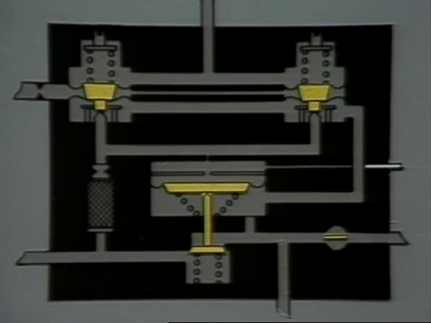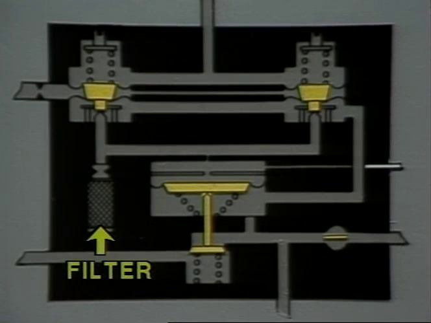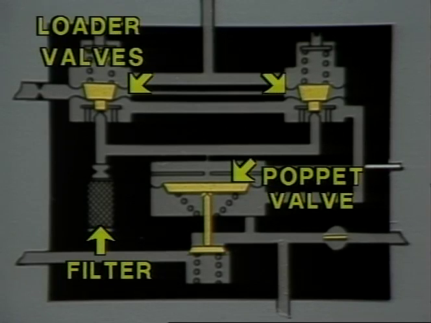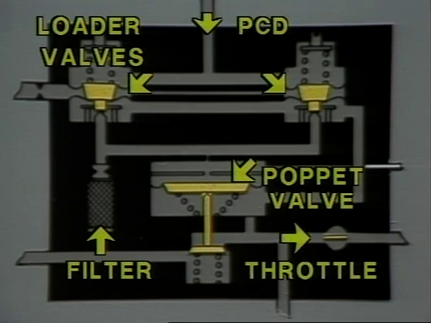The valve consists of a 100-micron pilot filter that prevents impurities from passing through the pilot gas orifice, a spring-loaded diaphragm-operated main poppet valve that, when opened by controlled gas pressure, allows gas fuel to pass through the throttle valve, two spring-loaded diaphragm-operated flopper or loader valves that close as a result of PCD and spring tension and open by controlled gas pressure, and a butterfly-type throttle valve that is operated by a linkage system from the governor actuator.